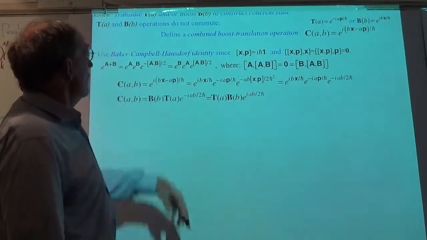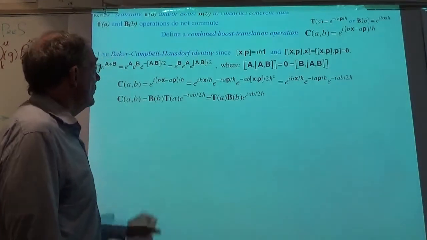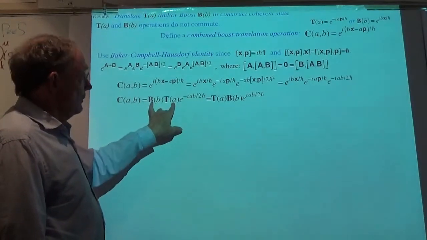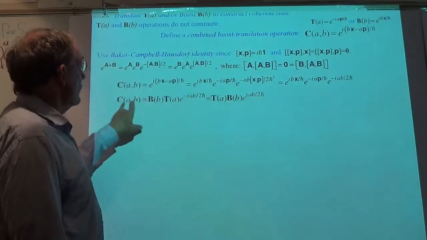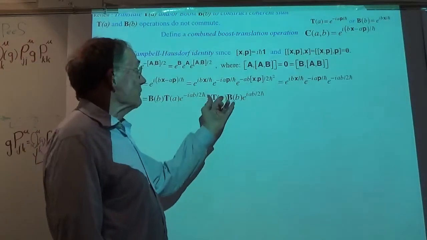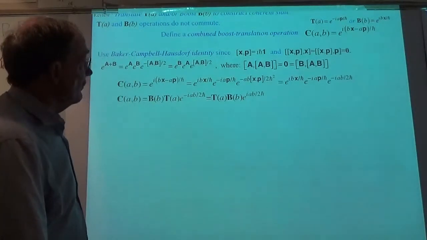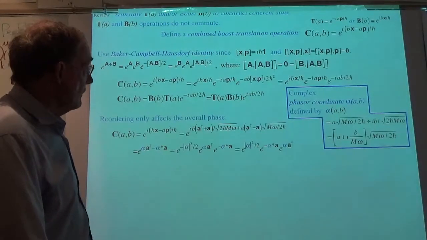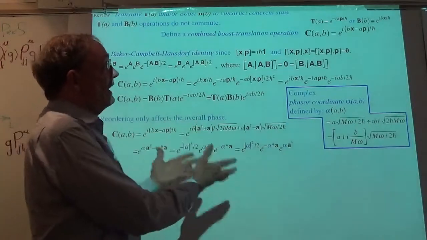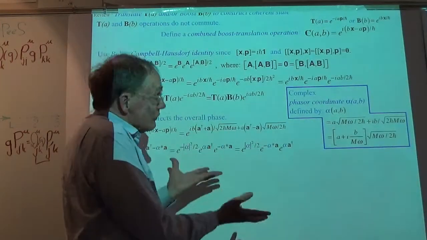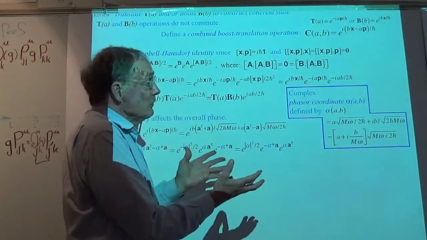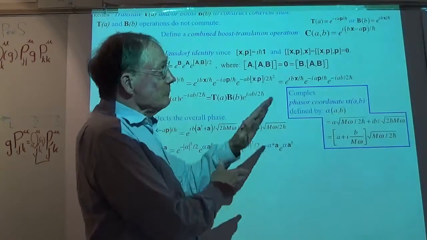We used the Baker-Campbell business to show that a product of these two with a phase factor is equal to the combined. And if you reverse the factors, all you do is change the phase from plus to minus, same thing. So the idea was to use operators to set a state, an initial state in this particular case. And that's not too different from what we talked about in terms of setting a spin.